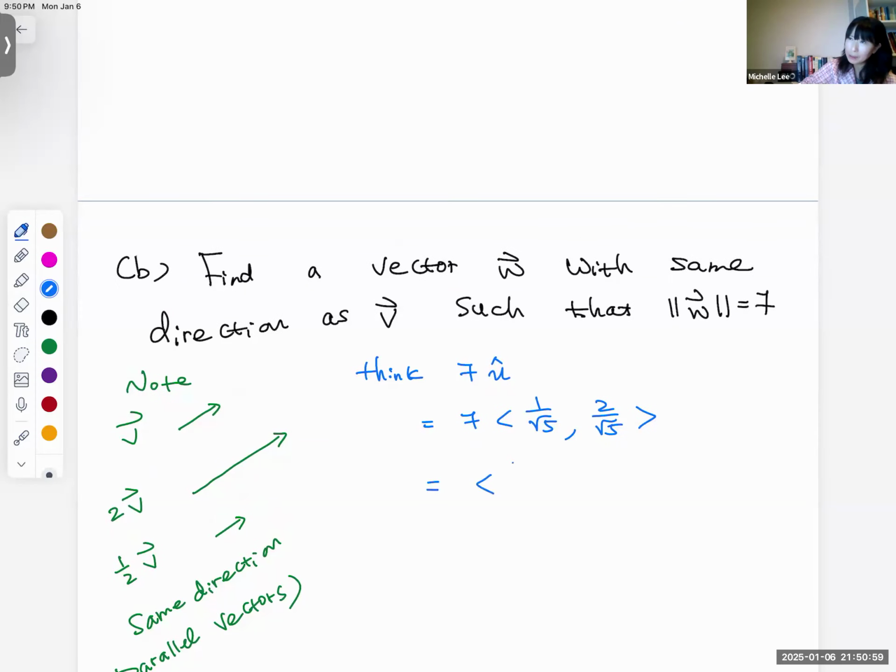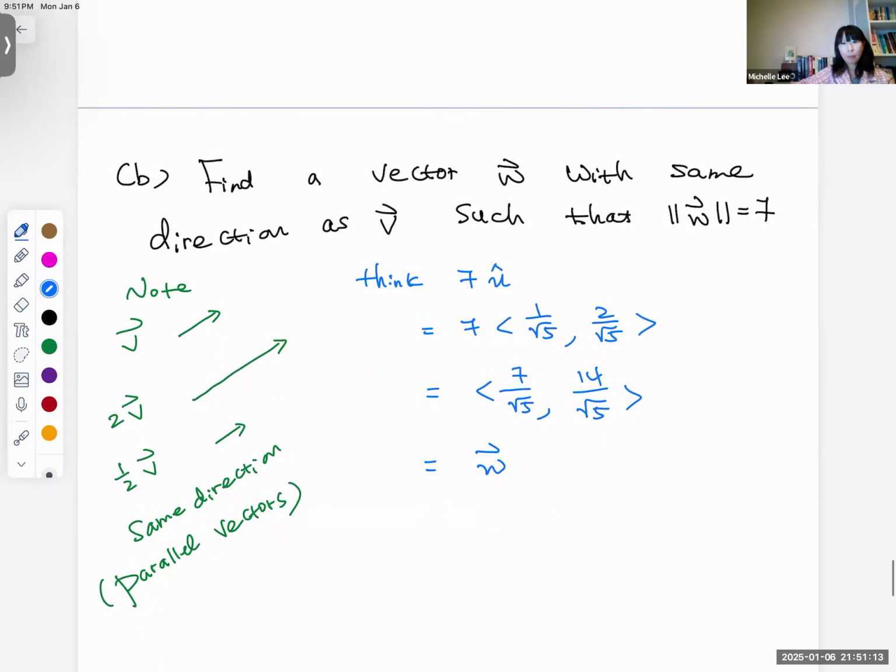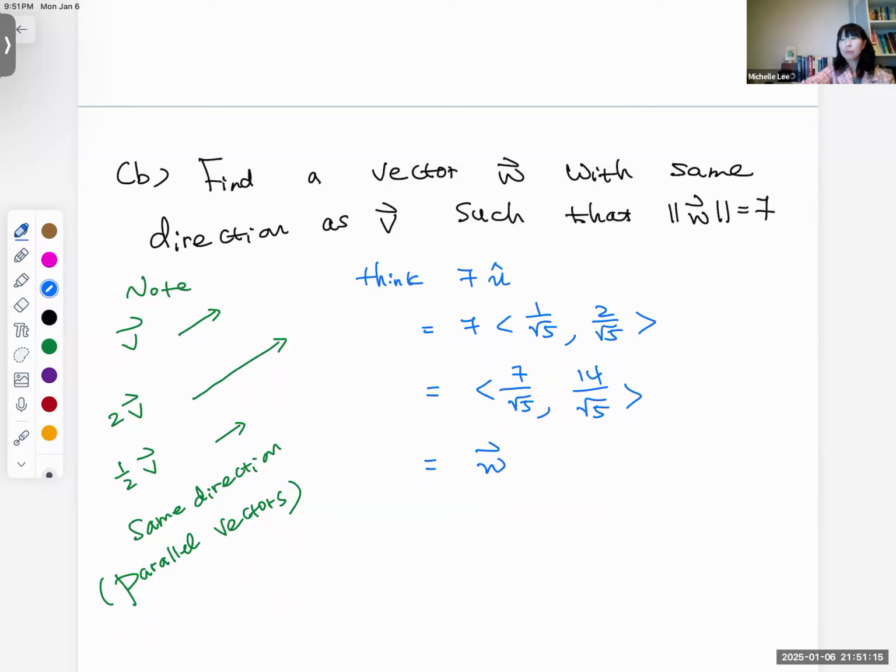Then that will be 7 over square root of 5, and 7 times 2, which is 14, over square root of 5. That is vector w. Make sense? Almost done. Please hang in there.